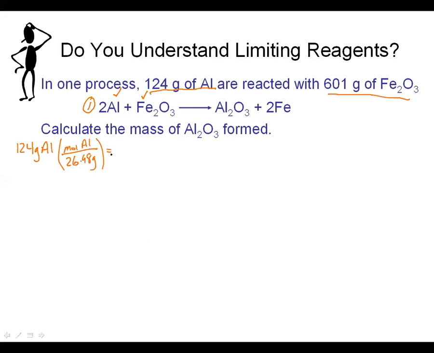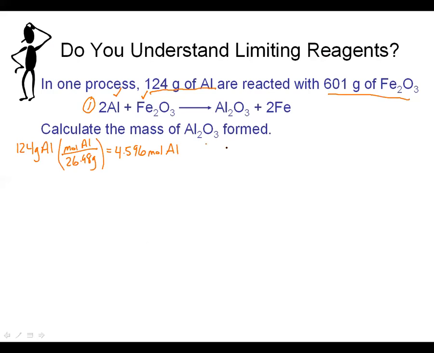And for aluminum, that is going to get us 124 divided by 26.98, 4.596, looks like. 4.596 moles of aluminum.